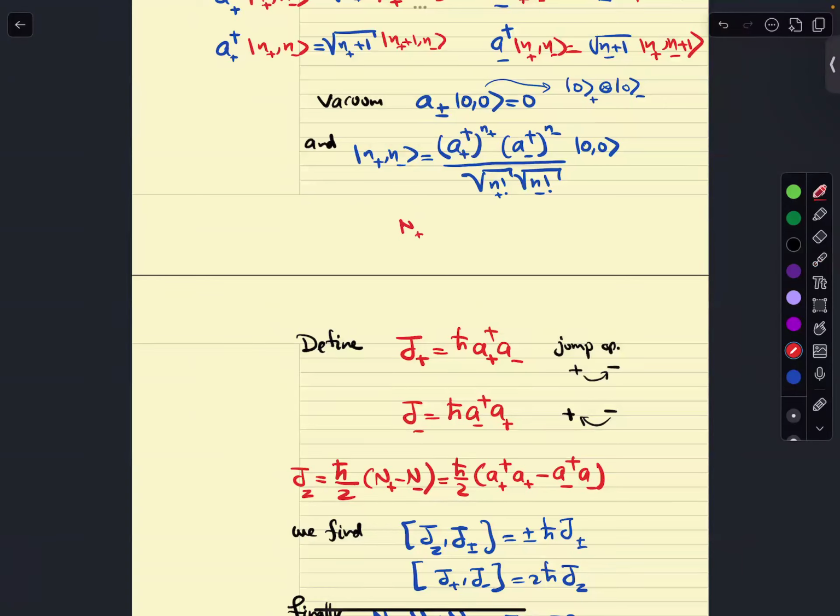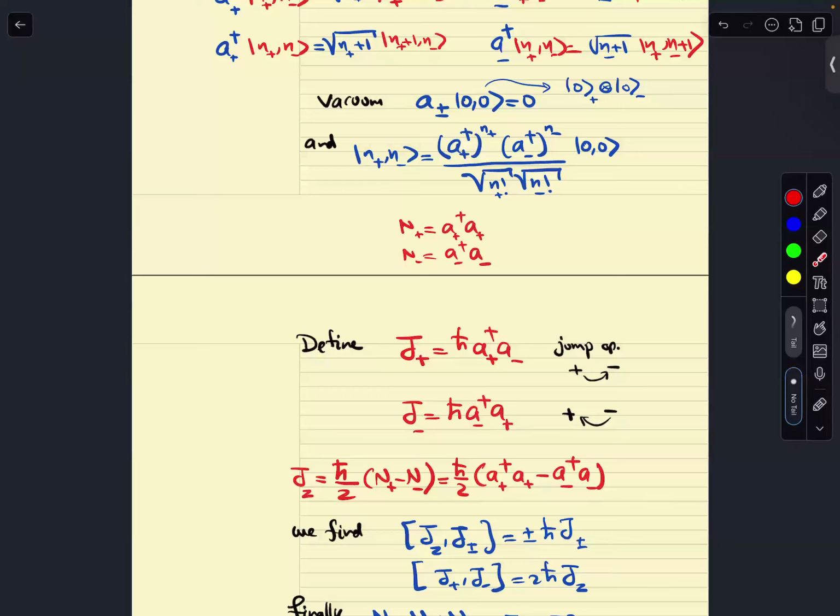So n plus is a plus dagger a plus, and n minus is a minus dagger a minus, right? When you act with this, first it annihilates a unit of n minus, and then this puts it back, but you end up with an overall two square root n's that multiply it. Similarly here.